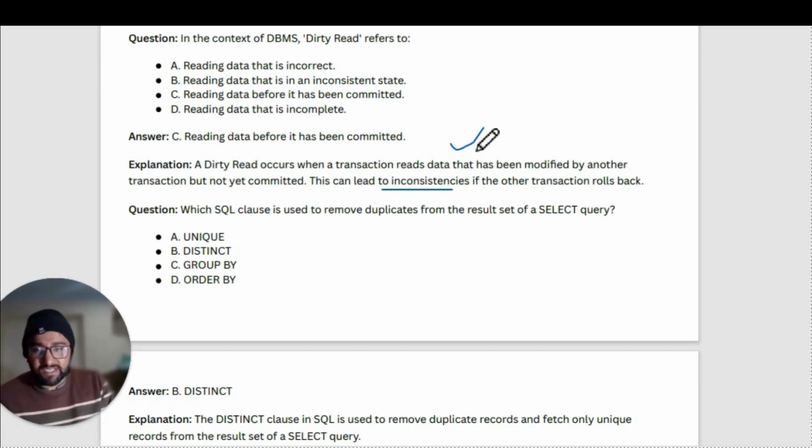The right answer is distinct, and I will tell you why. Both concepts are used to remove duplicates, but with unique we do not use a select query. This is very important, and unique is done on columns while distinct is done on rows. These two concepts are very important to remember.